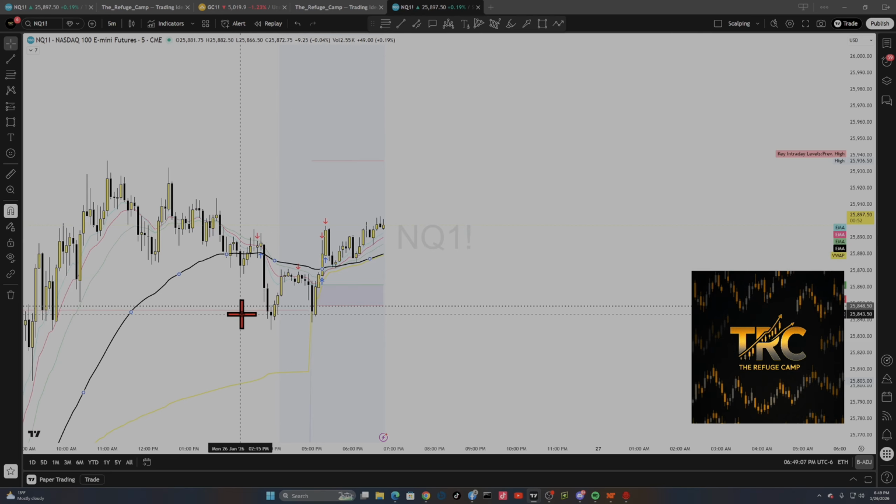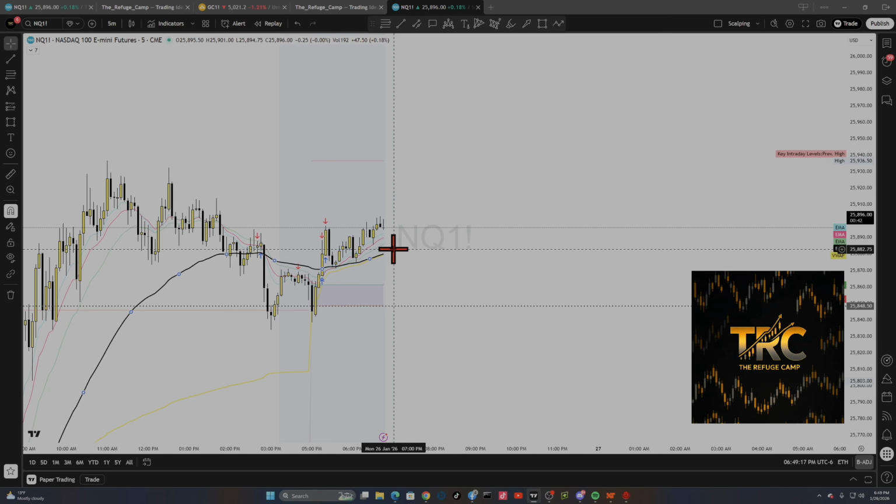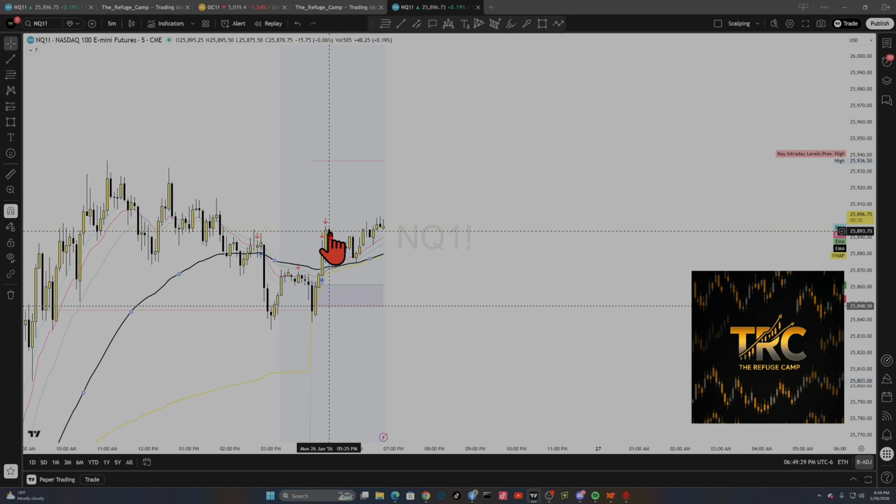And it created this level. But look at what happened after, right? Pretty much immediately reclaimed price back over VWAP and the 50-day. That's a strong bullish displacement. Especially these candles. These are all bullish displacement candles. These are paramount to a scalping strategy.